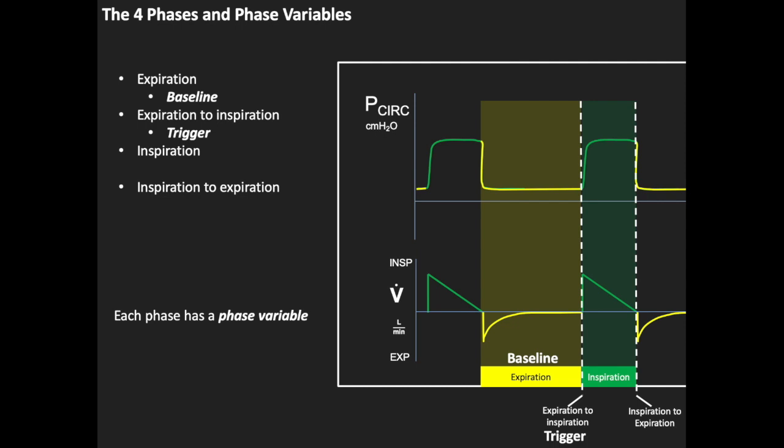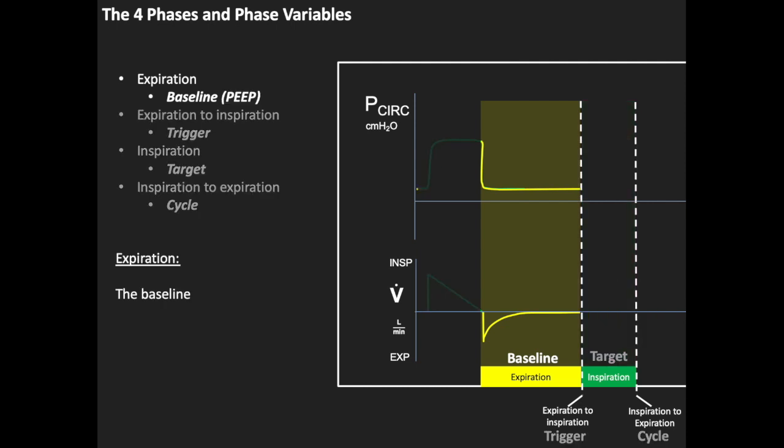During inspiration, this is basically the description of what the ventilator's job is, or what inspiration should look like, and that's called the target. And inspiration to expiration is the end of inspiration, and it's called the cycle. One way to put it is that you cycle off back to your baseline, or that ends the cycle.